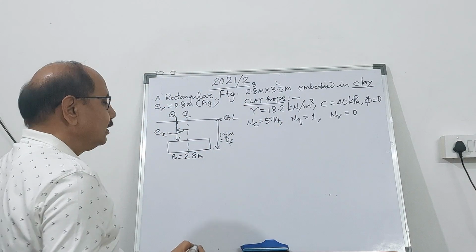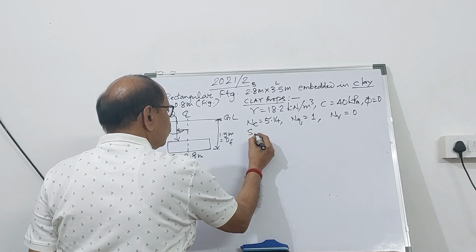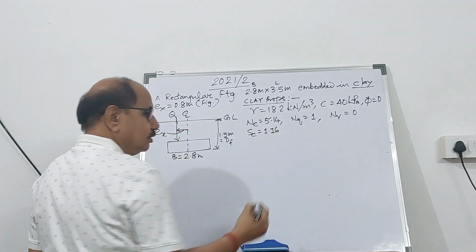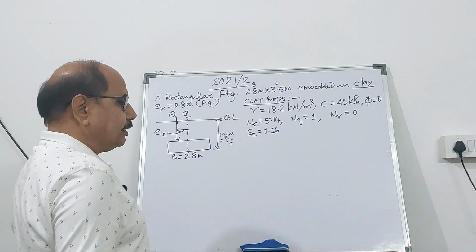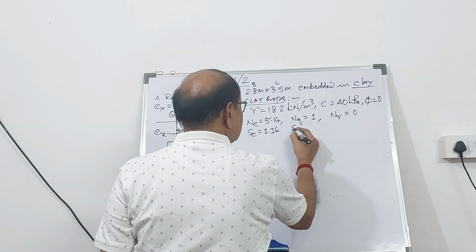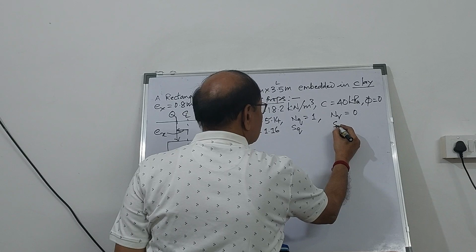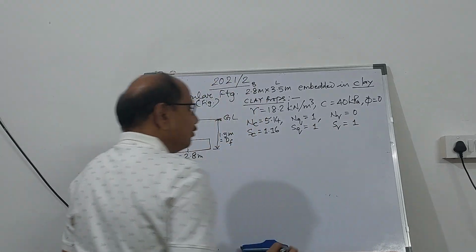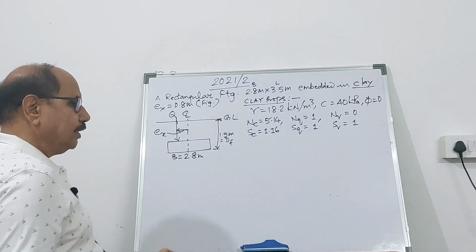The shape factor is also given to you. SC equal to 1.16. That is also given. And SQ and S gamma, the shape factors, are given to you as unity.